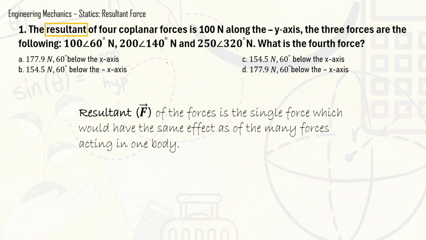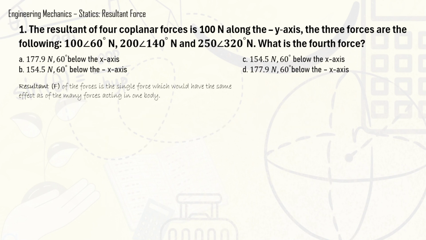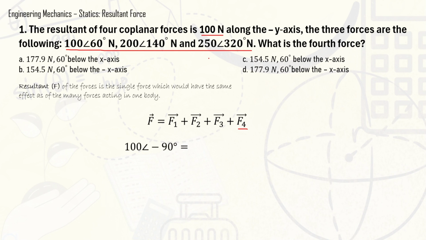In mathematical statement, we can rewrite that as resultant is just the summation of the forces acting in one body. With this equation, we can now solve our unknown force. We have our resultant and the 3 other forces. Let's substitute. Our resultant is 100 angle negative 90 degrees.